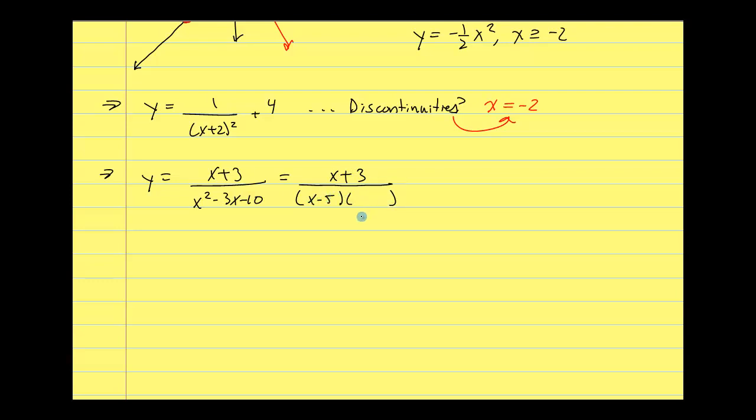This does factor nicely into x minus 5 times x plus 2, and the denominator will equal 0 when I have values of x equal -2 and x equal 5. So both of these are discontinuities. And because neither one of them cancels with the binomial in the numerator, I'd have to say that they're non-removable.